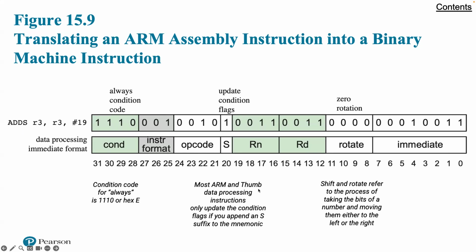So ARM and Thumb, which is like another way of talking about ARM commands, but with a shorthand process, data processing instructions only update the condition flags if you append an S suffix to the mnemonic. So thus we see this. We have this bit that's set. And so this is where we can see there's a lot more complexity of what's going on.